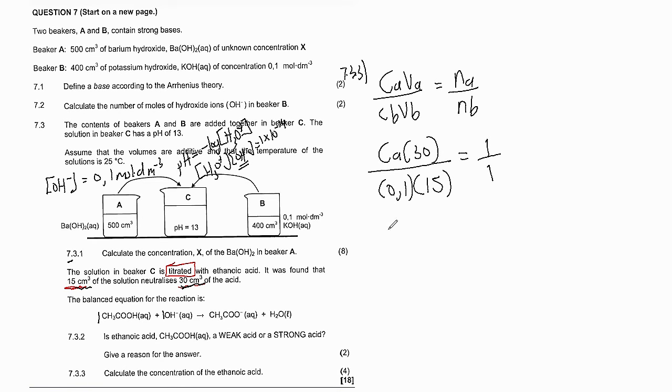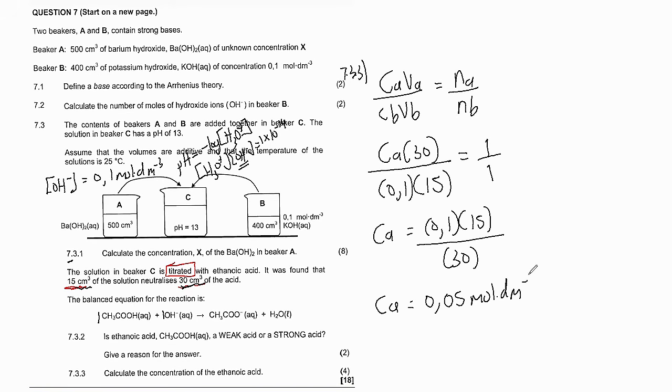Right. Then to calculate, cross multiply this one here. Ca is equal to 0.1 multiplied by 15 times 1, which is just that. And then if we cross multiply the 1 and the 30, it still becomes 30. But then we need to divide by the 30 there. So when you punch all that into your calculator, you end up with 0.05 mol per dm³. Right. And then for 4 marks, you have that.